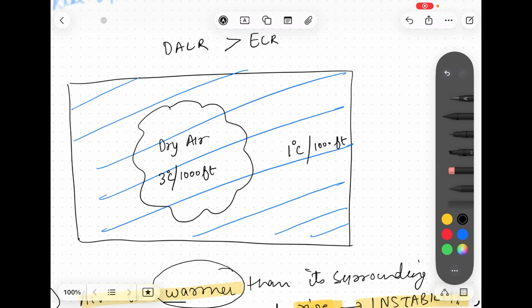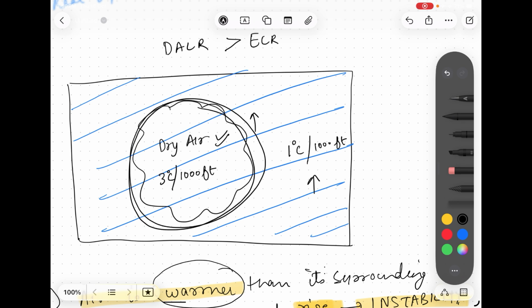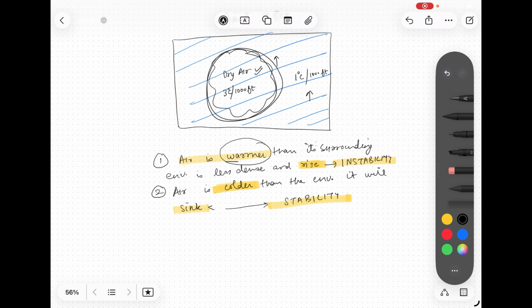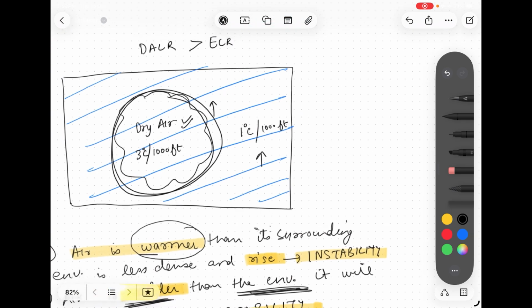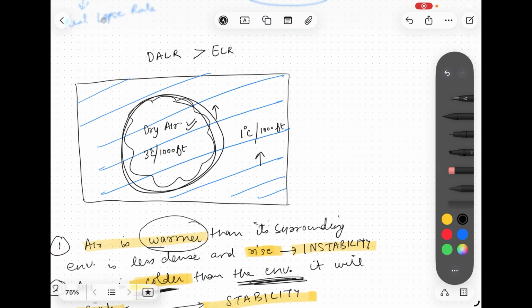That means my air is getting colder faster as compared to the environment. This bubble of air is rising and getting colder, but it is getting colder faster. So when the air is colder than the environment, it will sink and the condition would be stable. So when my DALR is more than ELR, it would be considered as an absolute stability condition.